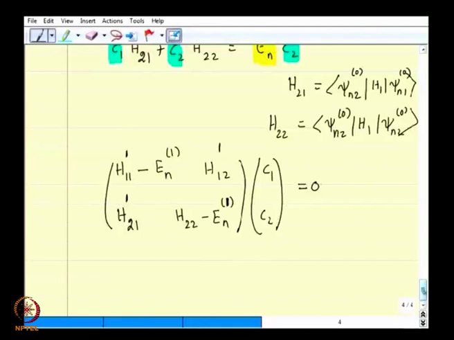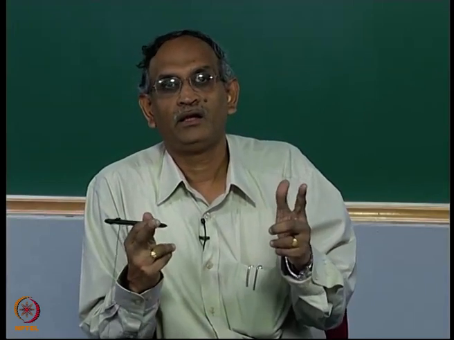So now you can see immediately that this is nothing but the eigenvalue equation for the matrix of H1 in the pair of degenerate states, psi n1 of 0 and psi n2 of 0.